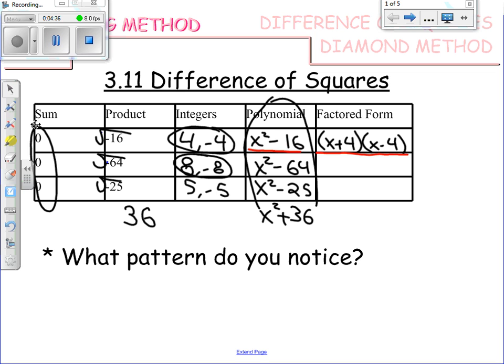So what would this one look like in factored form? Michael. X plus 8 times x minus 8. These really aren't any more difficult. It's just you got to think the sum is 0 because there's no middle term.